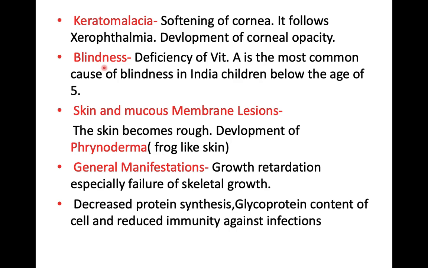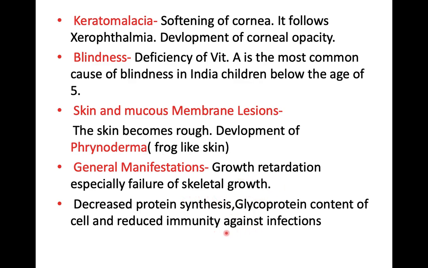Finally, if things are not reversed, there will be blindness. Also, on the skin and mucous membrane, the skin becomes rough and can become frog-like skin, known as phrynoderma. And general manifestations of any vitamin deficiency, like growth retardation or failure of skeletal growth, will also be there.